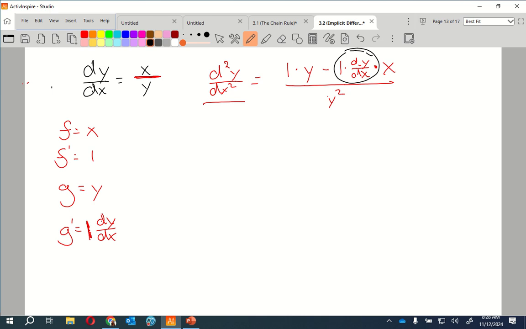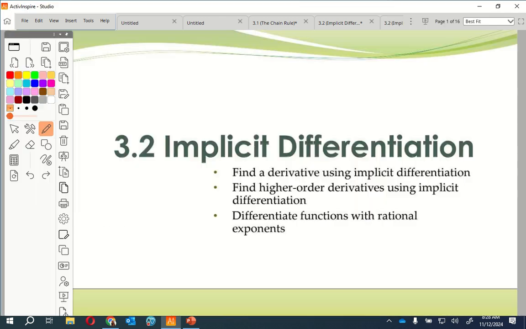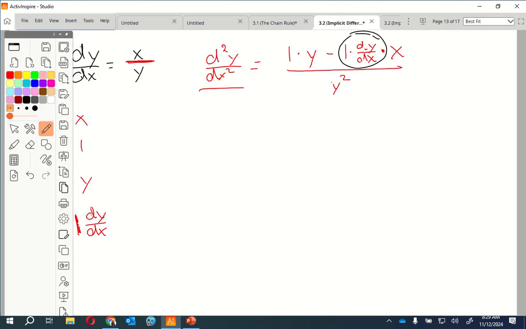That's dy/dx, isn't it? Isn't dy/dx my first derivative? Sorry, my board's messing up again. There we go. Okay, so that is my first derivative there.